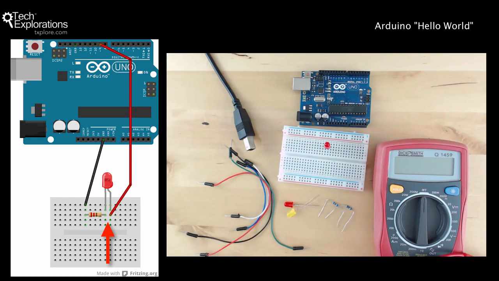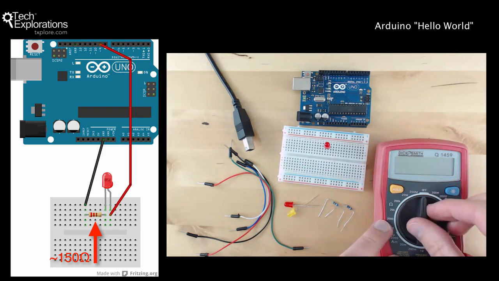Now the next thing to do is to put a resistor in series with the LED. The resistor protects the LED from allowing too much current to flow through it, and if that happens, then the LED potentially can be damaged. Now a red LED like that is quite happy if you use, say, a 100 or 150 ohm resistor. So I've got a couple of resistors here, but I'm not sure which one is which. So I'm going to use my multimeter to measure them.